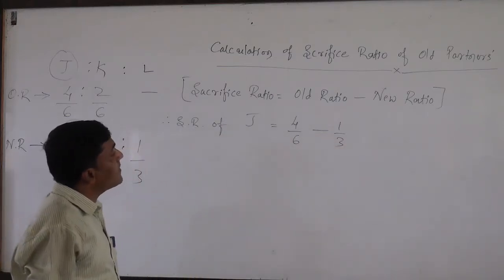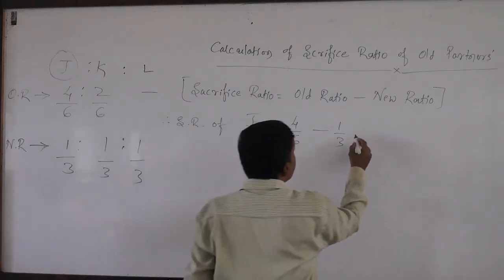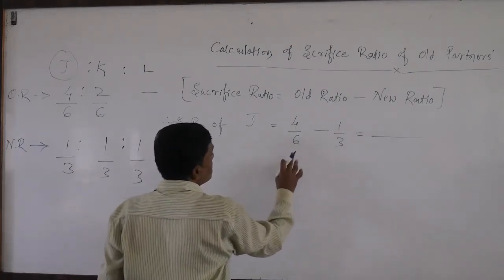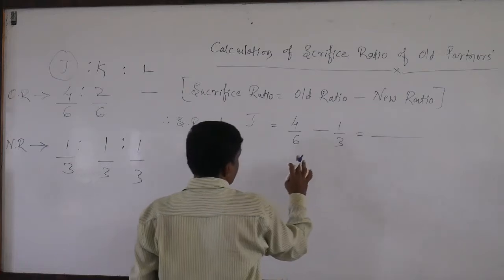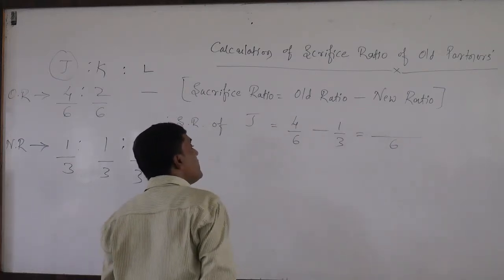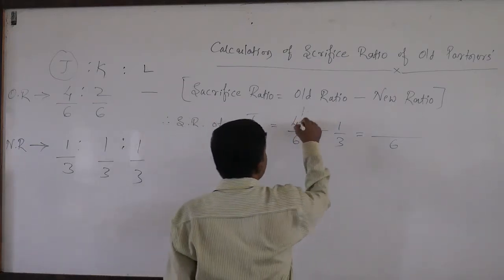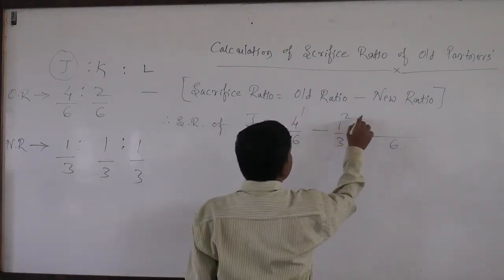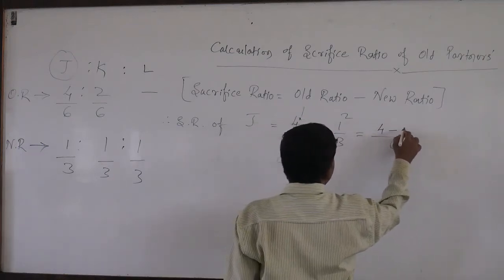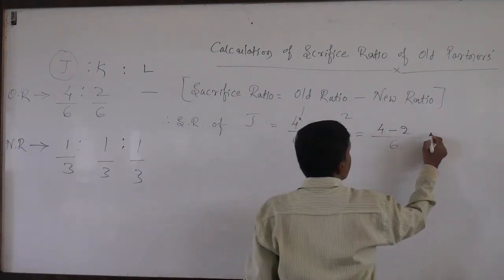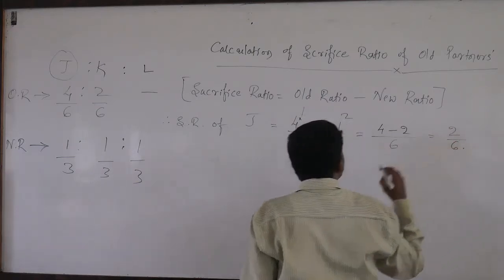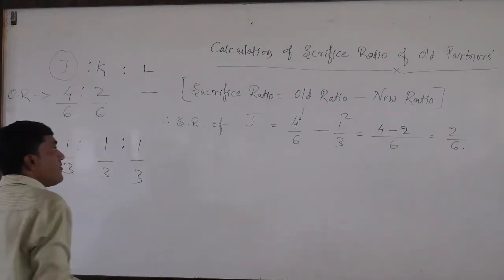The LCM of 6 and 3 will be 6. 6 ones are 6, 3 twos are 6. So 4 ones are 4 minus 2 ones are 2. 2 by 6 is the sacrifice ratio of J.